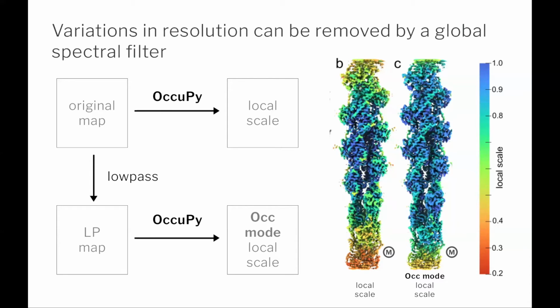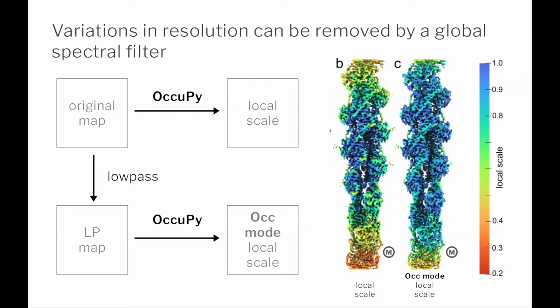If we employ a low-pass filter before we estimate the local scale, then we will end up with something that we denote occupancy mode local scale. We don't call it occupancy because we are still under the influence of flexibility. So it's not precise, but it does aid in removing differential resolution due to flexibility.